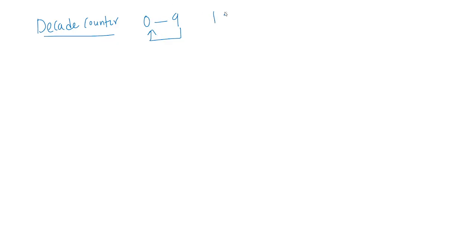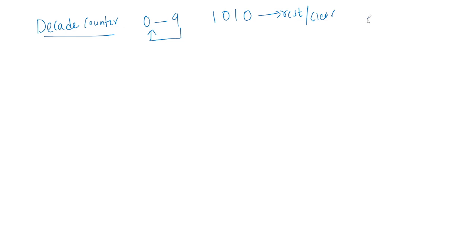So that means when the 10th count is reached, it is given to reset or clear, and it will make all the flip flops 0. So how to design? Here I am using a gate, or otherwise you can make the logic also. So how can you make the logic?